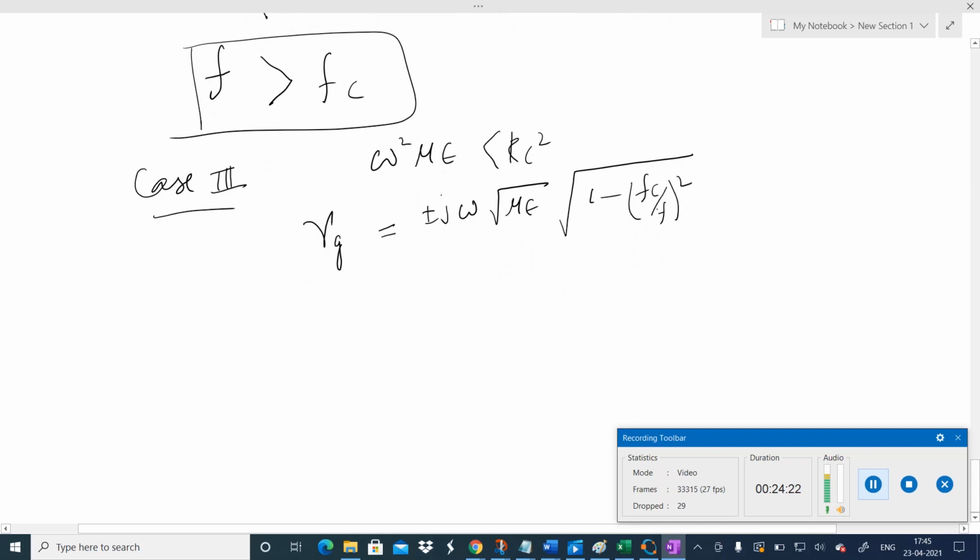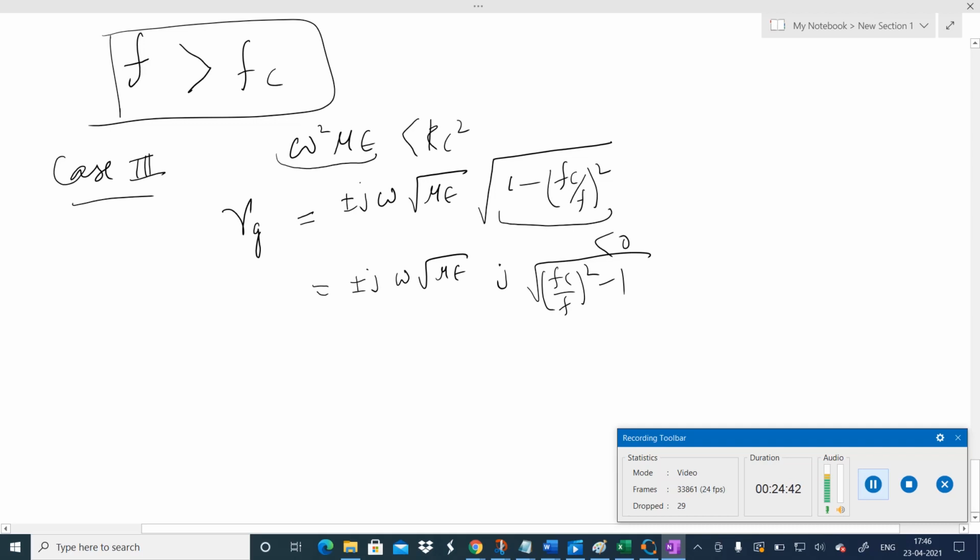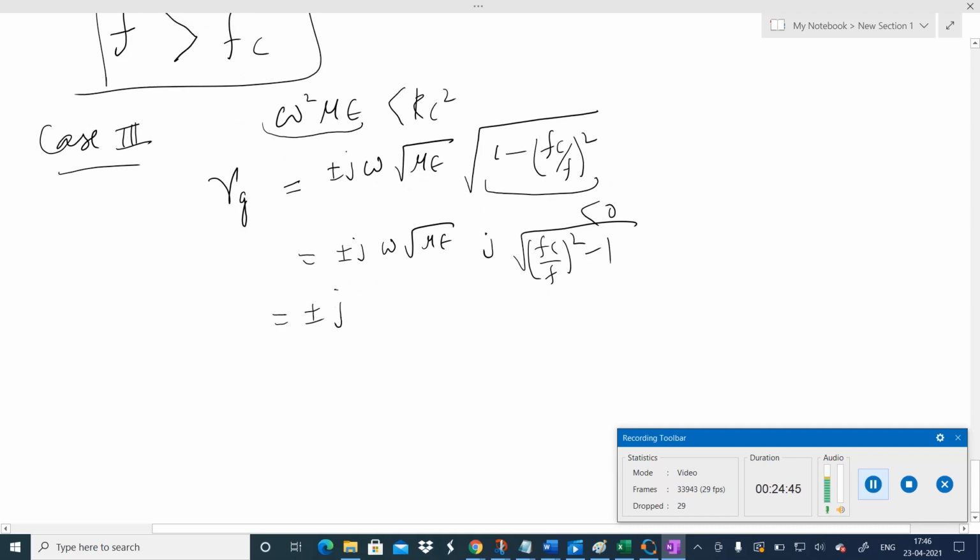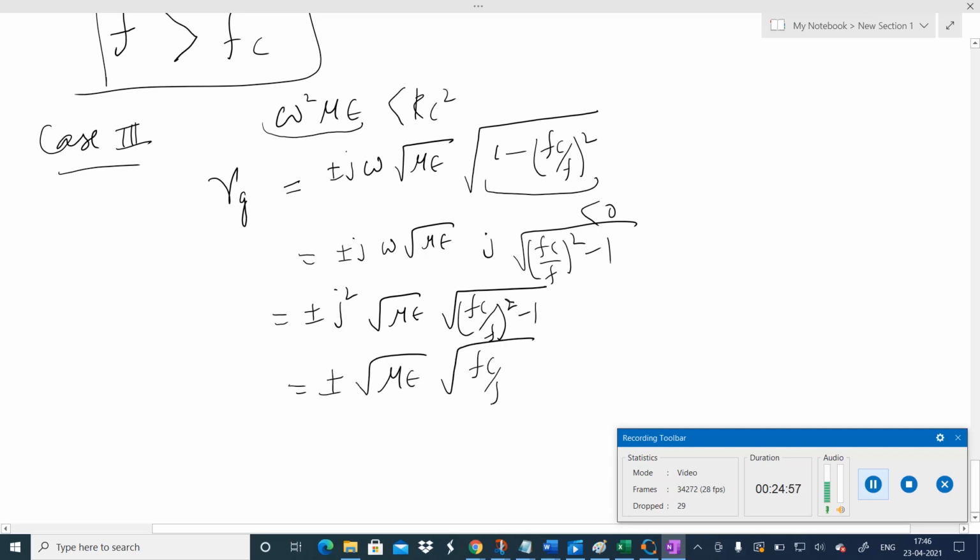But now, because omega square mu epsilon is less than kc square, the inside term is less than 0, so I can take one more j out and write fc by f whole square minus 1, right? So this I can write now as plus minus j square under root of mu epsilon under root of fc by f whole square minus 1. j square is minus 1, so it is minus plus.